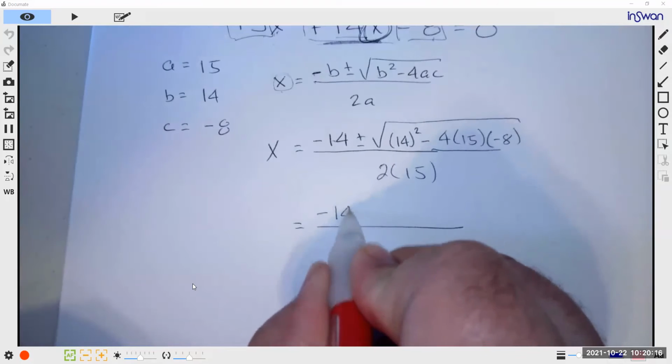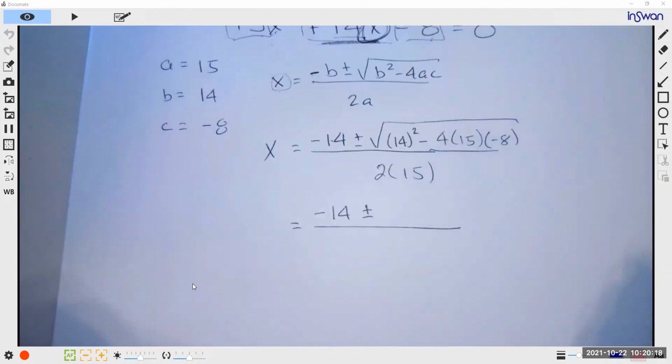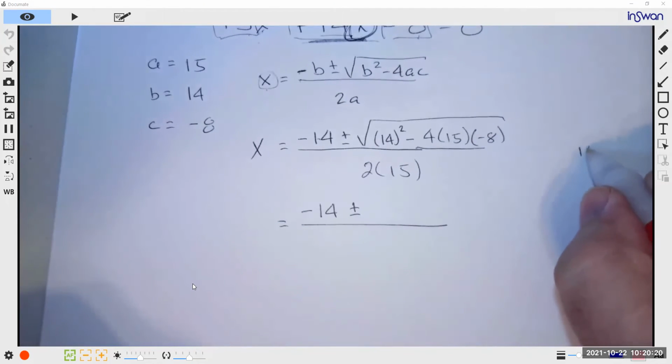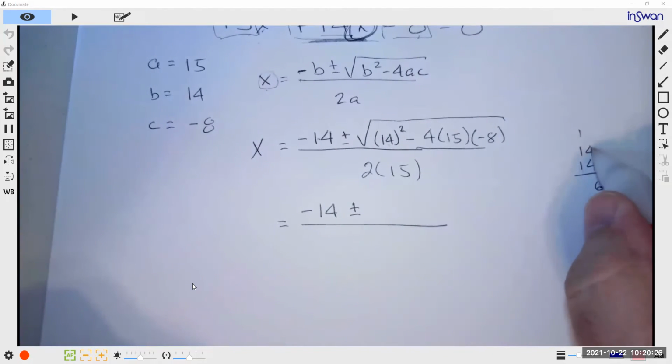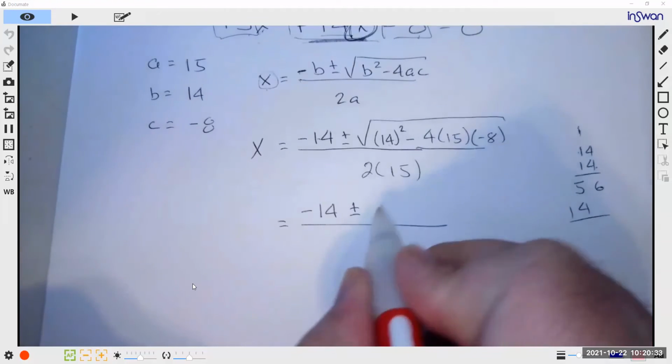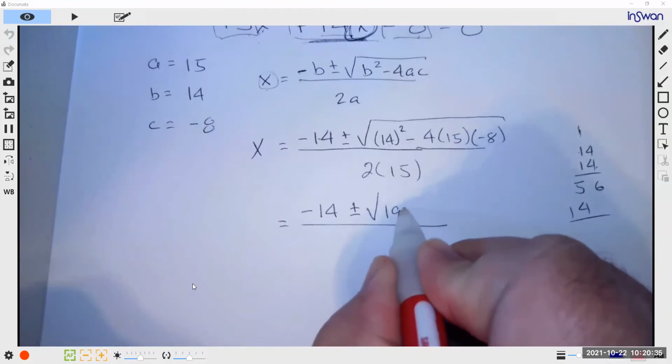So negative 14. 14 squared is 14 times 14. 4 times 4 is 16. Carry the 1. 4, 56. It's 196.